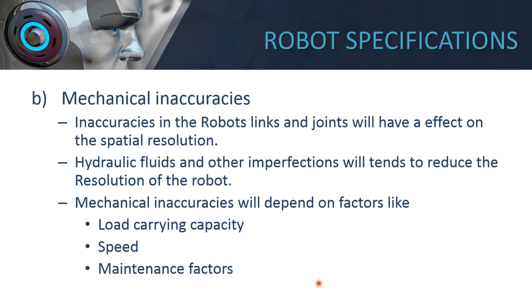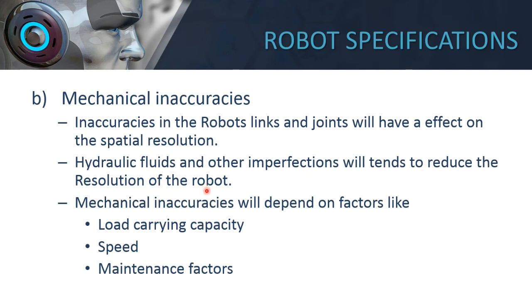Next is mechanical inaccuracies. What are mechanical inaccuracies? Inaccuracies in the robot links and joints will have an effect on the spatial resolution, because the inaccuracies depend on factors like load carrying capacity, speed of the robot, and maintenance factors. Generally, there will be imperfections. Hydraulic fluids and other imperfections will tend to reduce the resolution of the robot.